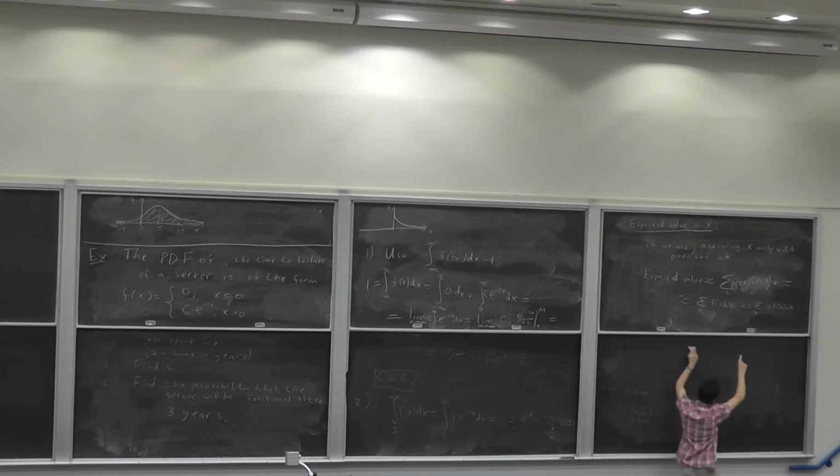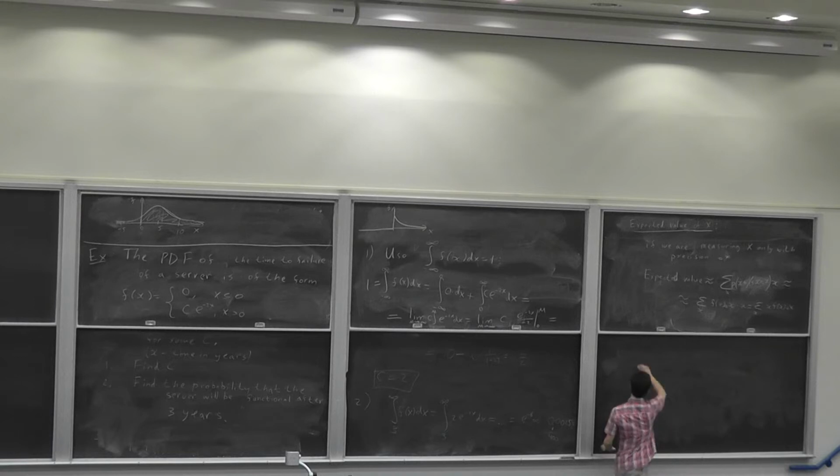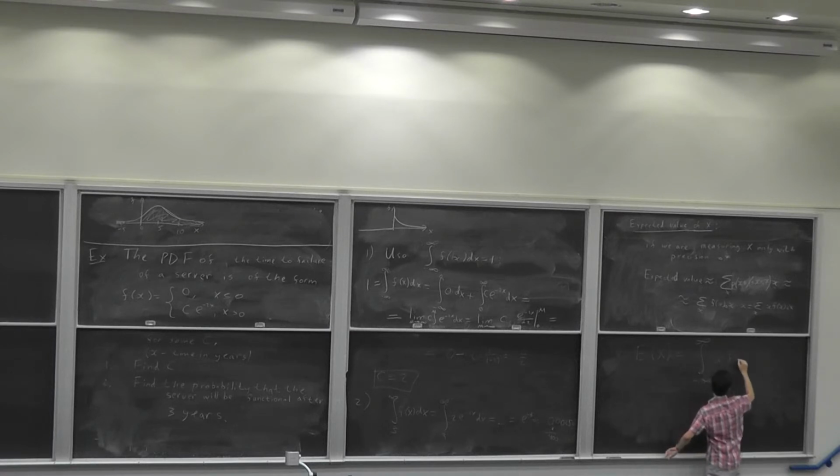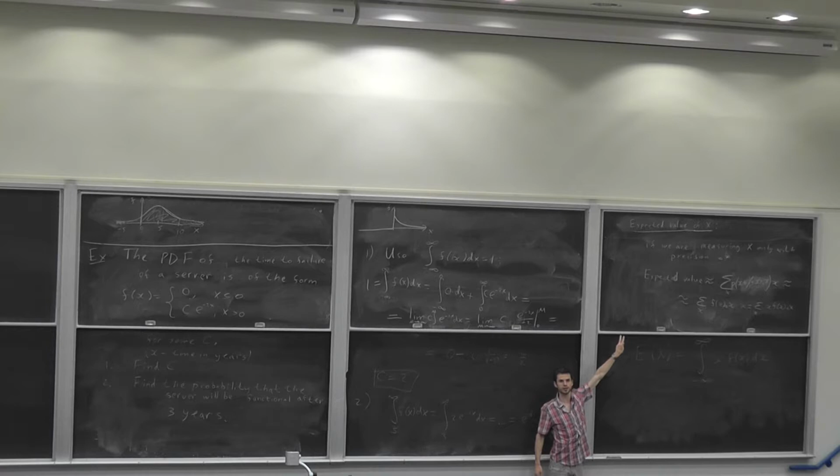this thing is exactly a Riemann sum for the integral. I'm taking the sum over all possible values of x, so it's the integral from minus infinity to infinity of the function x f of x dx. So this part was just an explanation.